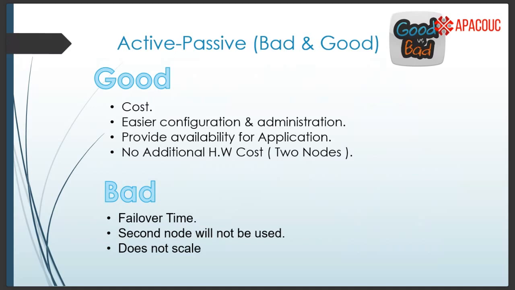All you have to do is configure the two nodes. The bad thing is the failover time. It takes about 30, 35 seconds to 1 minute for failover. The second node will not be usable, and you cannot install anything else on it because it's reserved only for the WebLogic, and you cannot scale it.